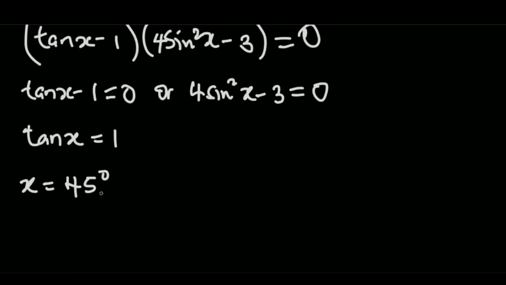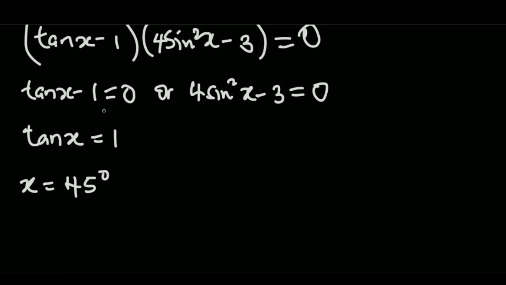Now this is not the only value we have. We also have another angle which, when we take tan of it, will give us 1. Here we're getting a positive 1, which means that angle should belong to a quadrant where tan is positive, apart from the first quadrant. So this is the third quadrant, where tan is positive.